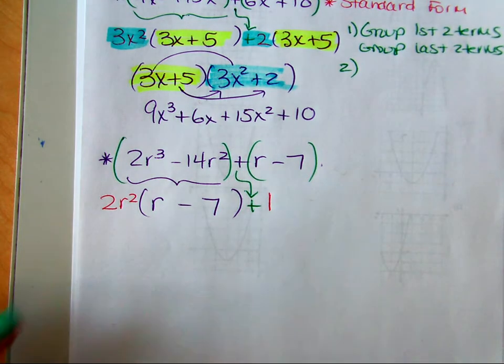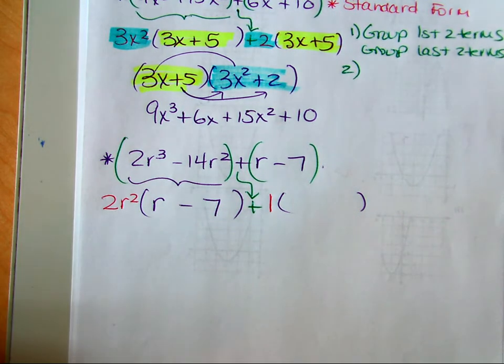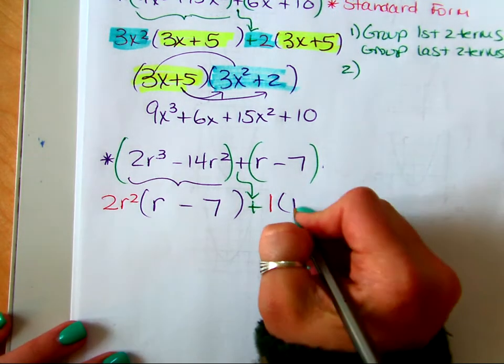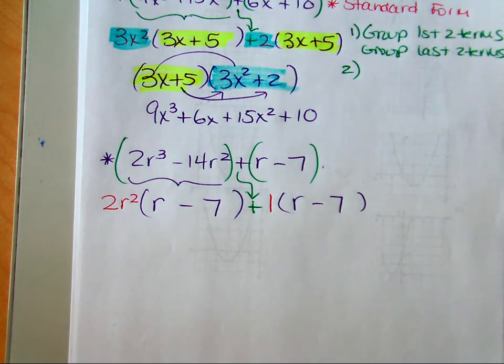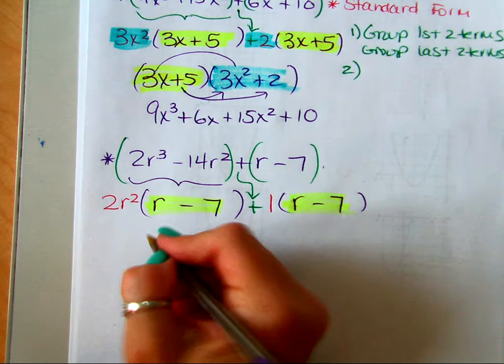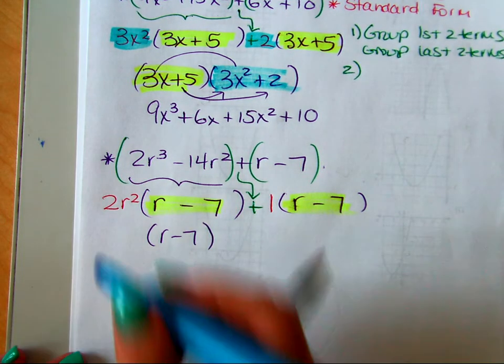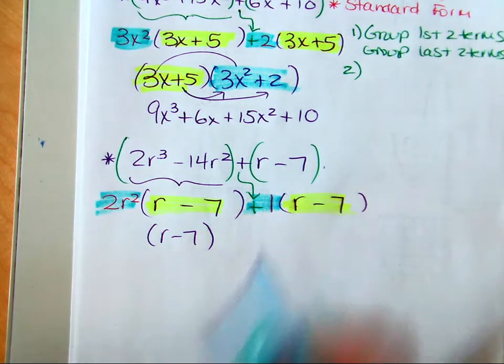And what did I say about your parentheses after you pull the GCFs out? They had better match. And in this case, they do. Now, what's the GCF of that whole row? An R minus 7. And then, absolutely. Good, Lennon. And that's your leftover.